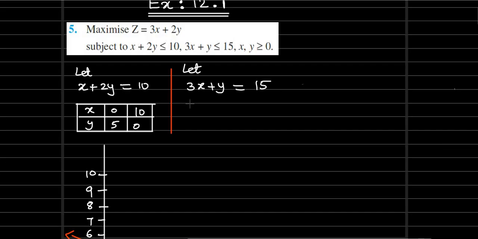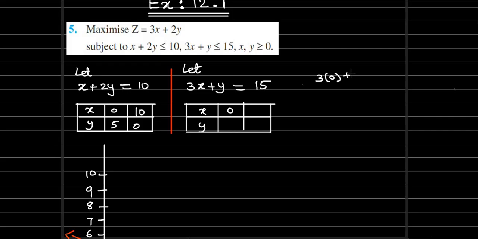To draw the line of 3x + y = 15 in a graph, we need a minimum of 2 points. If x = 0, then we get y = 15.